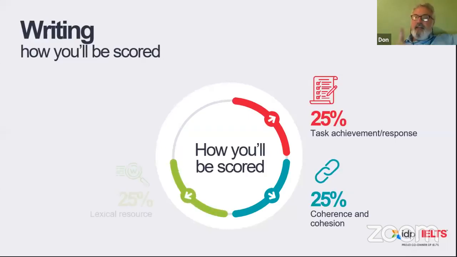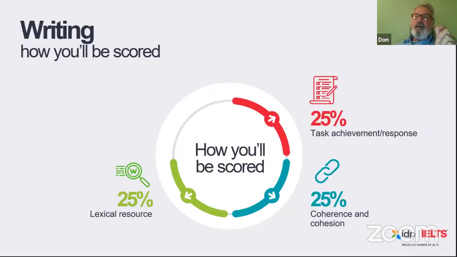Okay, the third criterion is lexical resource. It means, what words do you use? And in writing, the most important thing is your spelling. Can you spell these words correctly? If you can't spell very well, you won't get more than a band 5 for this criterion.